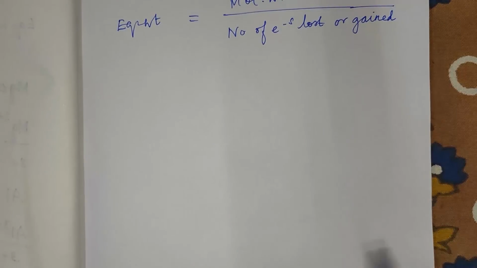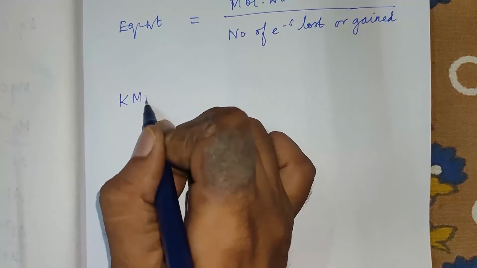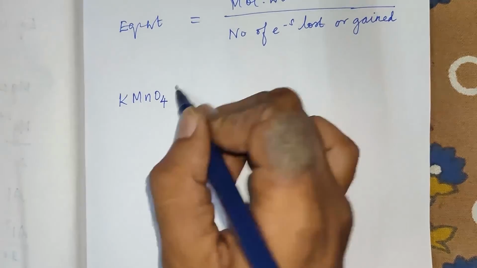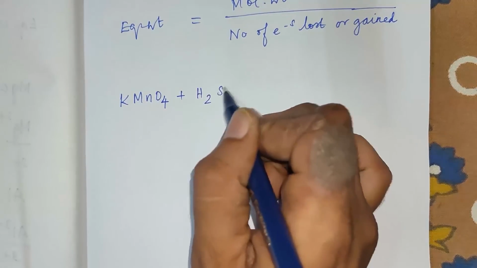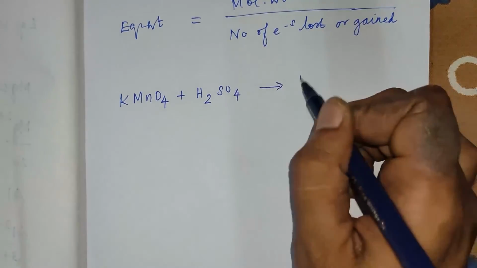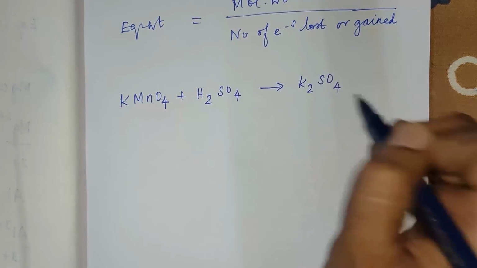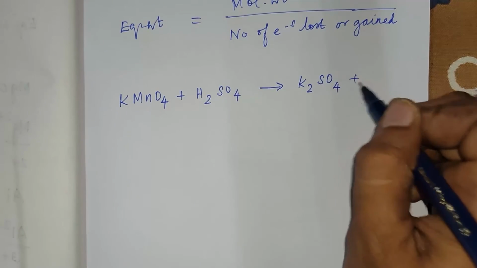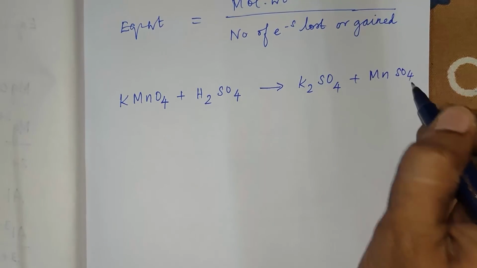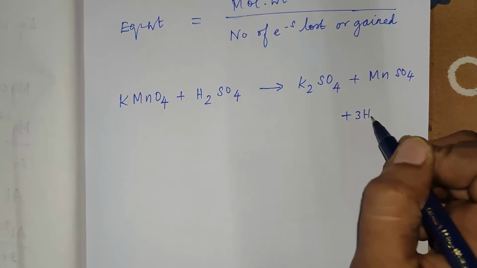So let us take an example for that. Potassium permanganate in acidic medium reacts to give potassium sulfate, manganese sulfate and water.